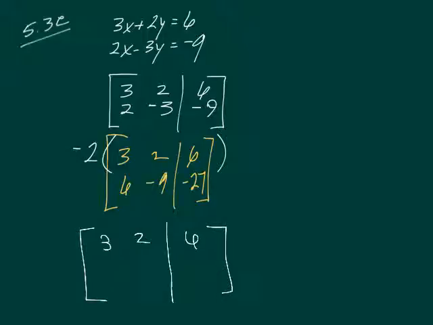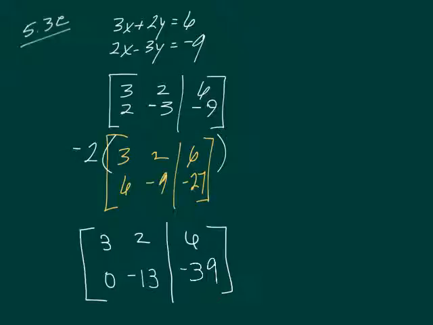And what I'm going to do is take -2 times 3 and get -6, add 6, and get 0. I'm going to take -2, multiply it by 2, get -4, add 9, get -13. I'm going to take -2 times 6 and get -12, add -27, and get -39.